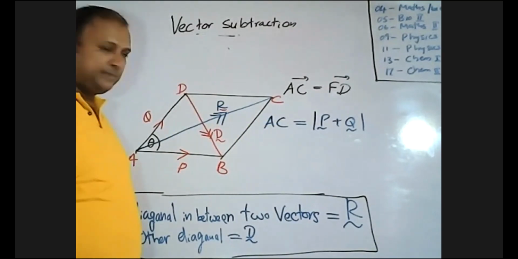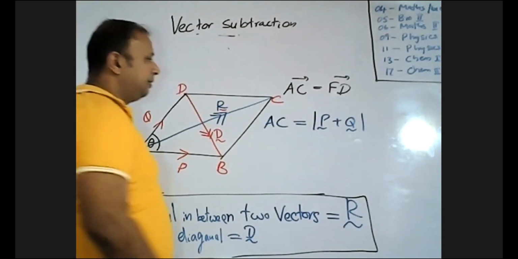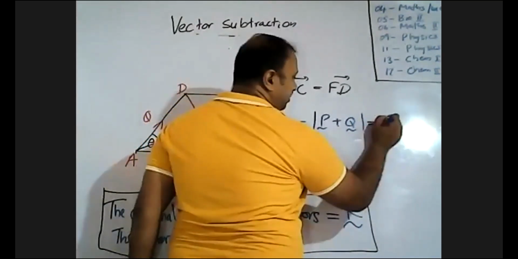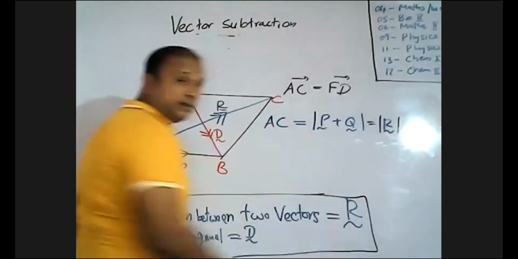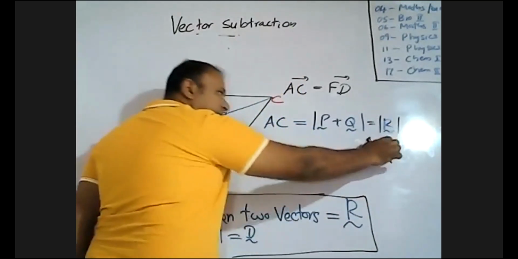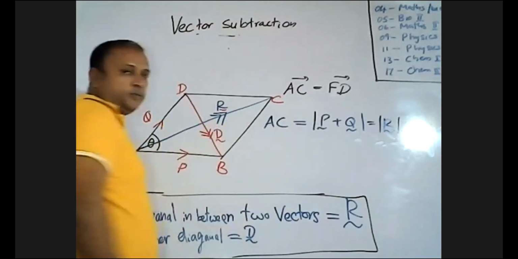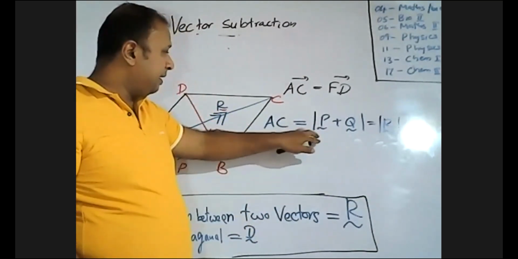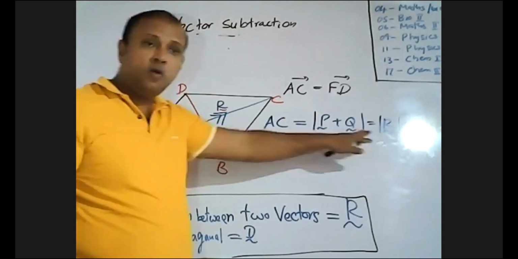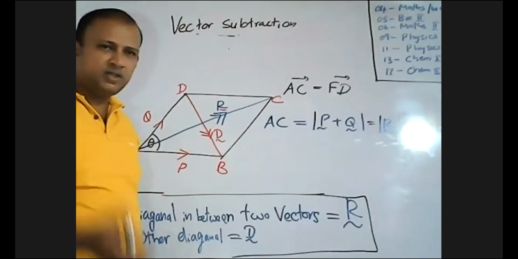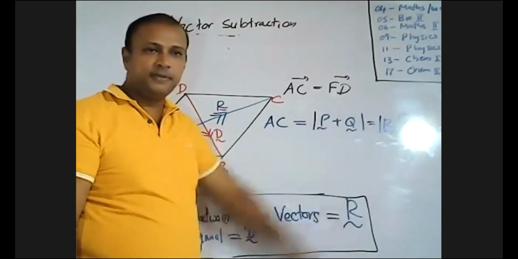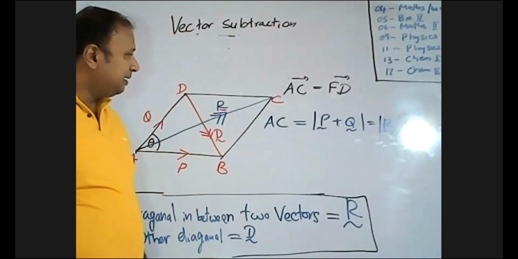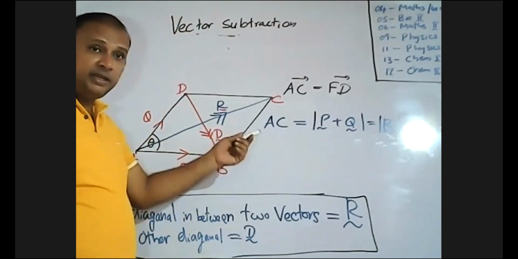The same thing can be written as magnitude of R or magnitude of P plus Q. In questions you may have it written either this way or this way. So you have to get an idea about this one.